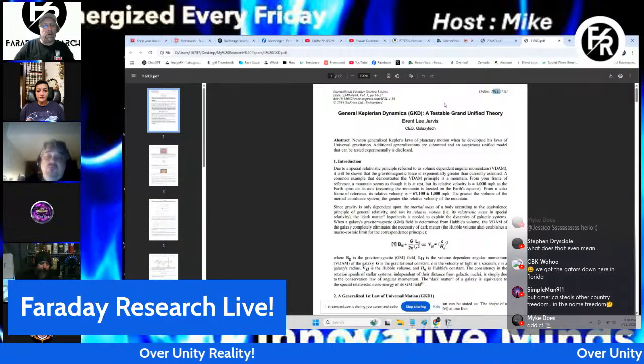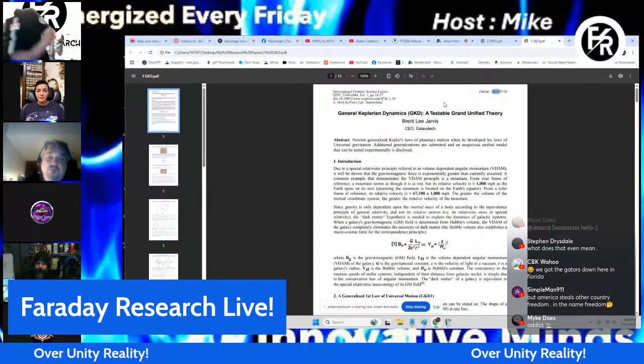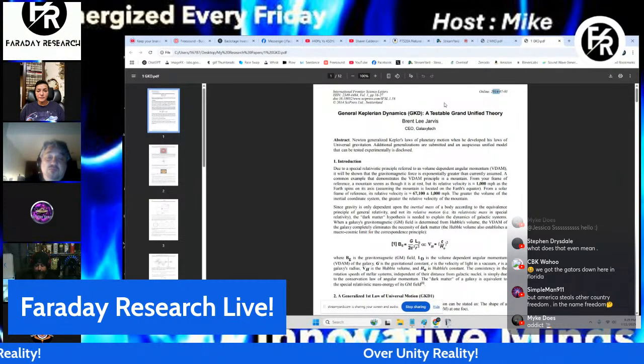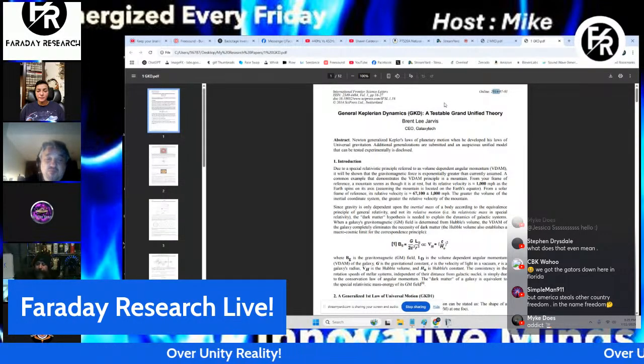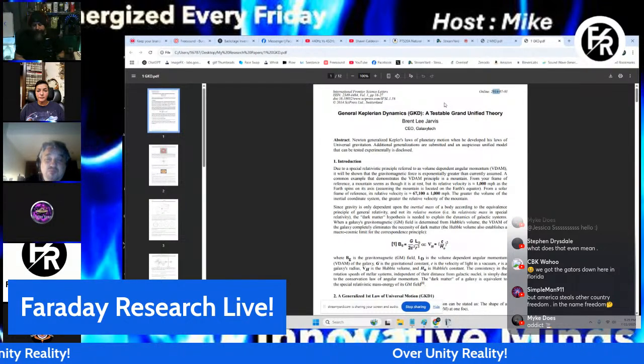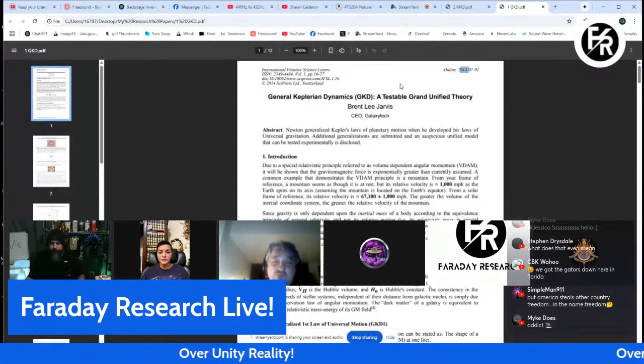And this paper explains how that ellipse looks 2D, but if you apply the dynamics, that ellipse is three-dimensional in space. It's not 2D. And sometimes you have to go back to the roots. You know what I mean? This is Kepler. It's an ellipse. But you have to realize an ellipse is two-dimensional.